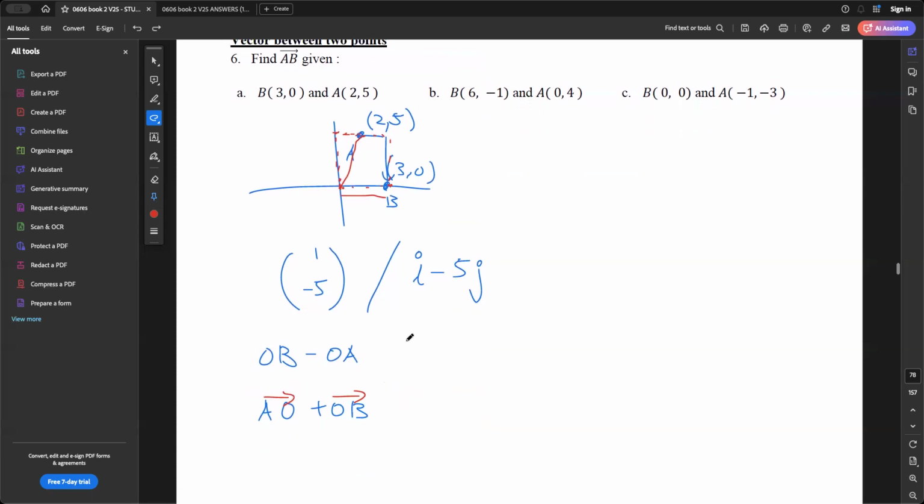What's the square method? That's magnitude though. We're looking for, in other words, movement.